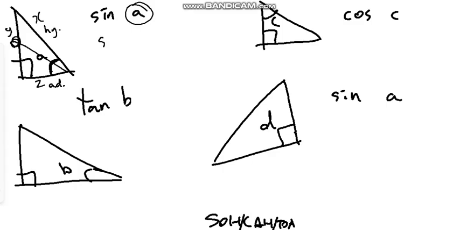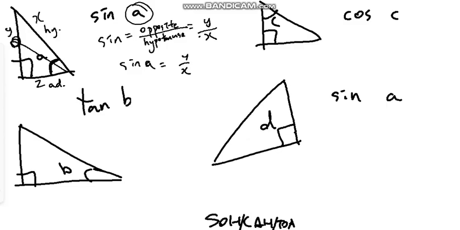See here what I wrote earlier: sine equals opposite out of hypotenuse. Since the opposite would be y, we plug in y, and the hypotenuse would be x, so we plug in x. So sine A would be y out of x.